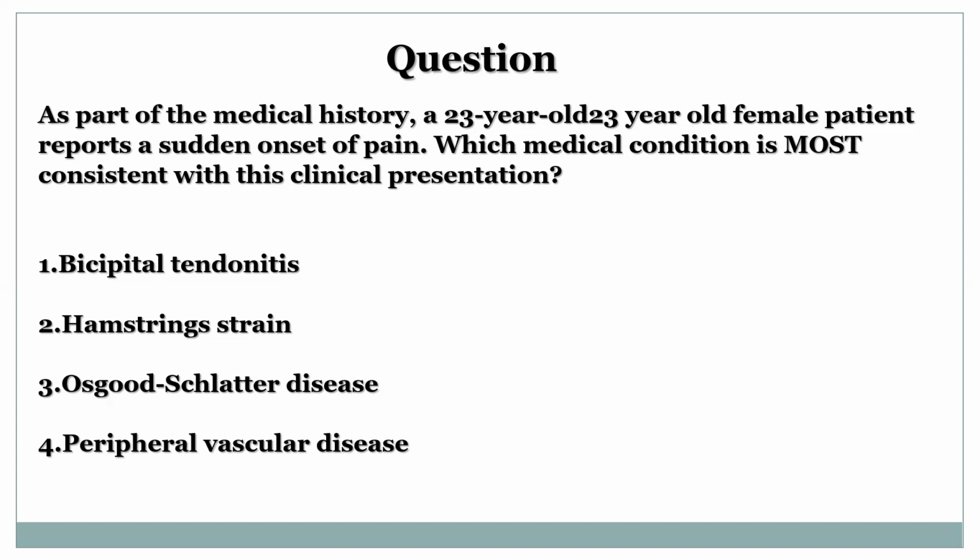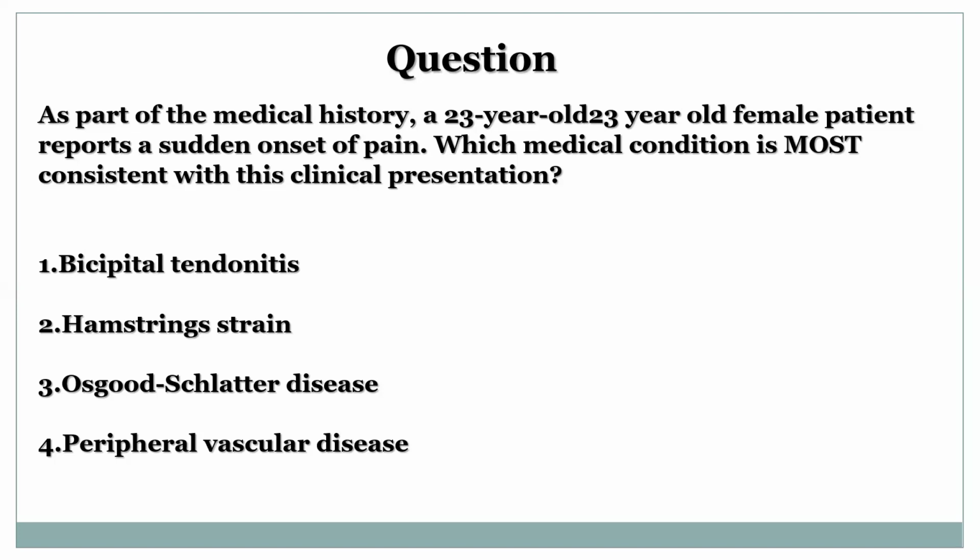Our today's question says, as part of the medical history, a 23-year-old female patient reports a sudden onset of pain. Which medical condition is most consistent with this clinical presentation? Is it bicipital tendonitis?